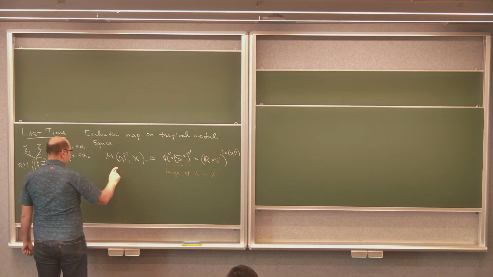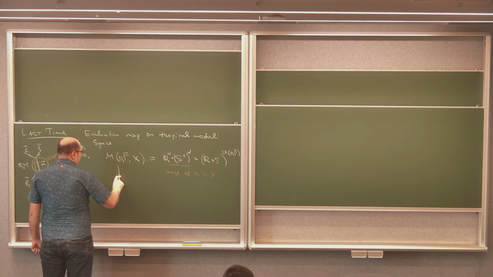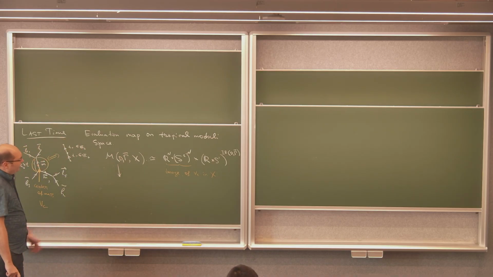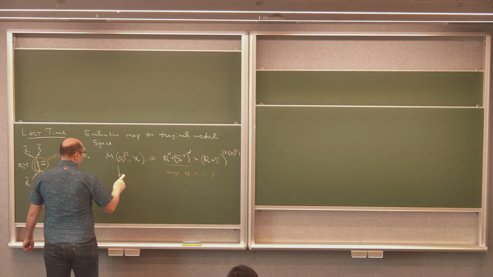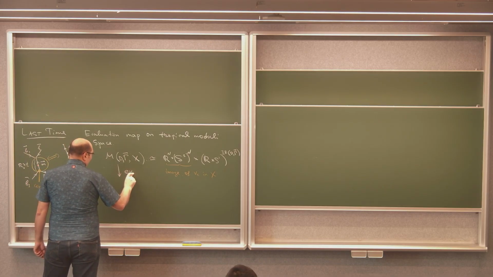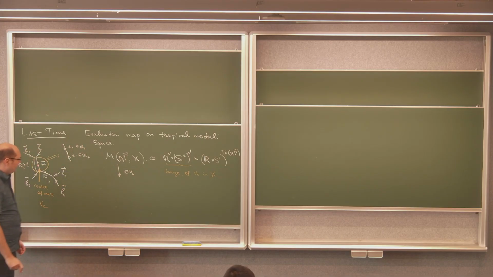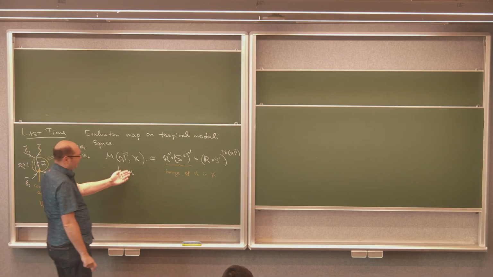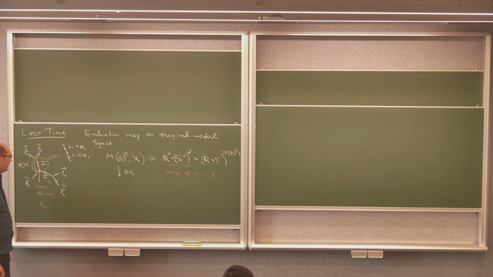That was our moduli space. It is very simple. There is only a single mark point, so we have a single evaluation map. But just for the sake of unifying notations, let us call it the evaluation map at mark point 1.